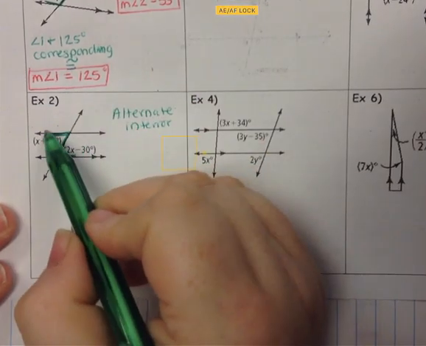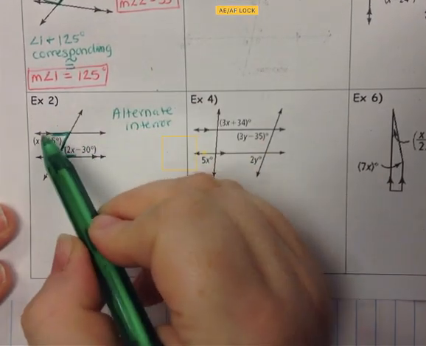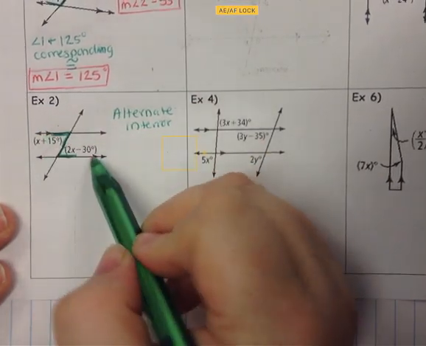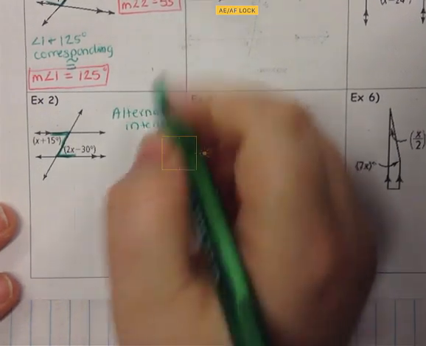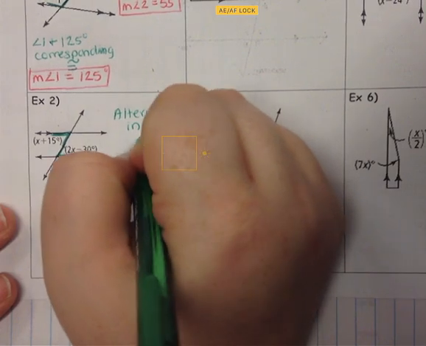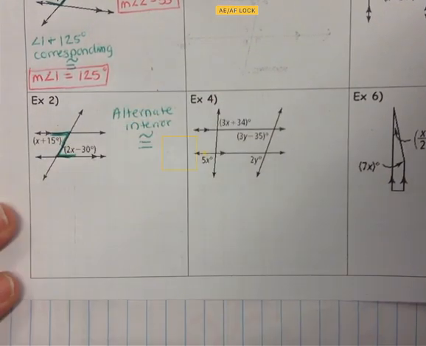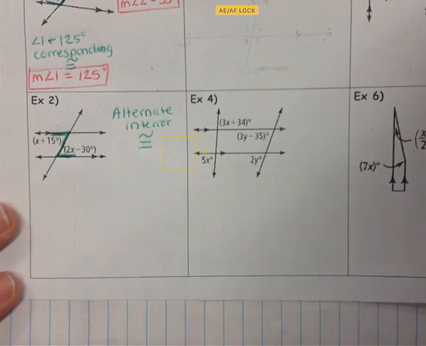Now, because they are parallel lines, because of these markings, they have a very special numerical relationship. Alternate interior angles are congruent if they are from parallel lines. Therefore, we can actually set the two angles equal to each other.